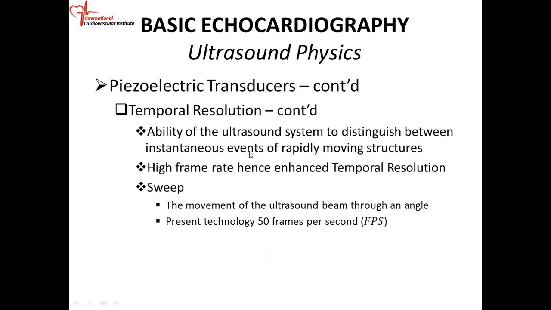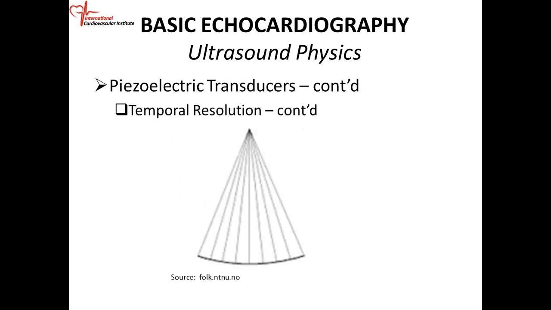So that's the sweep angle. And then you have the concept of the frame rate, 50 frames per second. That means you're going to get 50 of these frames every second. Each frame has these scan lines, and the scan lines represent an ultrasound wave going to the structure and coming back to the transducer.